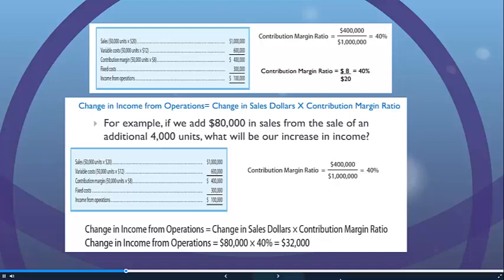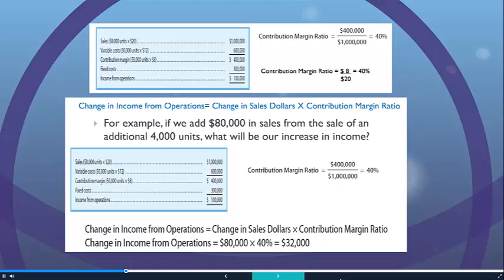Because I know my contribution ratio is 40%, I can take that change in sales dollars, which is 80,000, and times it by my contribution margin ratio to give me my increase in income. So $80,000 change in sales times my 40% equals that $32,000. And that will be my increase in my net income.